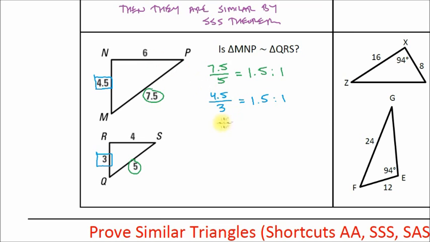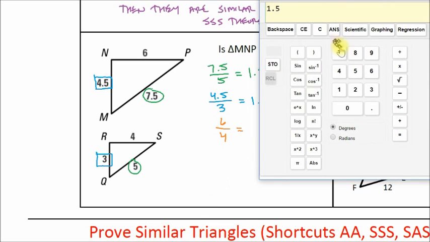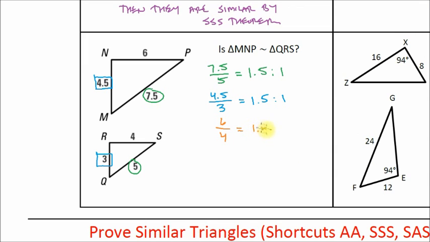So now I've got 6. There's my unmarked side. 6 divided by 4. Let's check it out. 6 divided by 4 is equal to 1.5 as well. Hey, that worked out pretty well. And you can see if we want to make a note here, same, and I'll just abbreviate same scale factor.